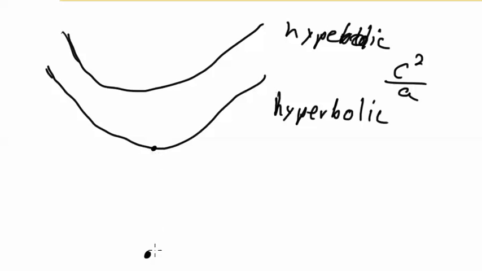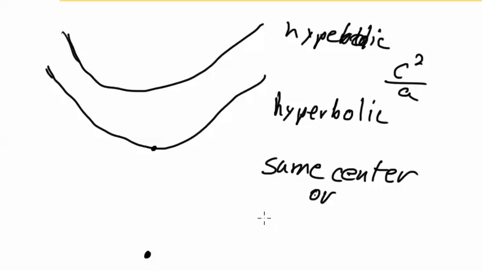Will they be hyperbolas with the same center or with the same radius? Because it can't be both. If they both have the same radius, then this hyperbola has a center up there. If they both have the same center, then they both have the center in the same spot.